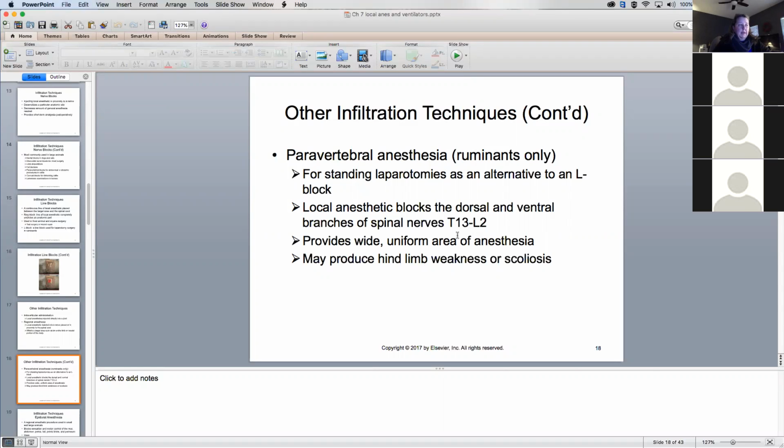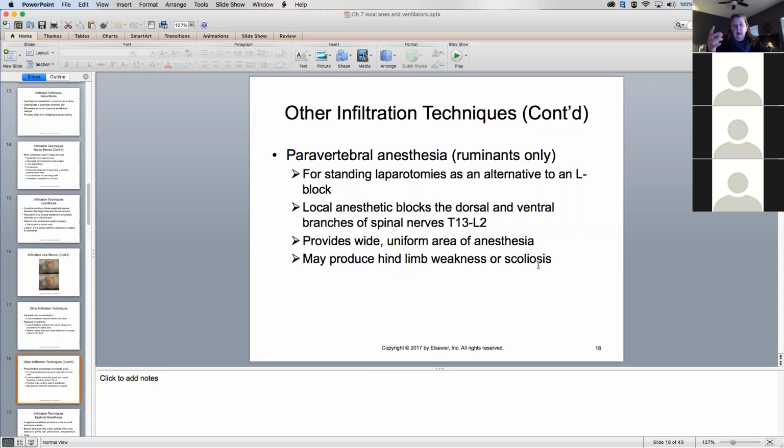It gives you wide anesthesia. You can get some hind limb weakness. Scoliosis would be a long-term concern if the animal is younger, but normally in adult cattle, we're not too worried about that. But remember when I said you block sensory nerves and nerve roots, you're also potentially affecting motor nerves, the nerves that control muscle movement.